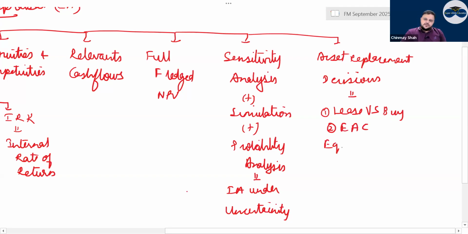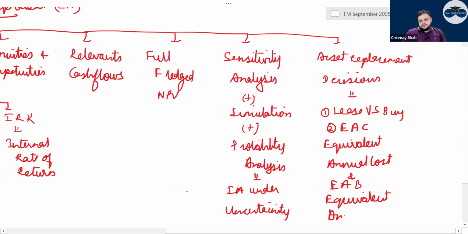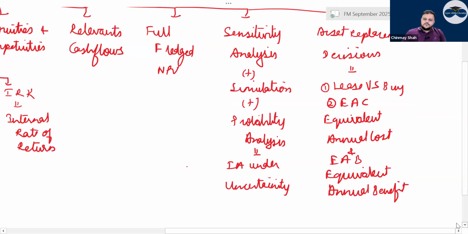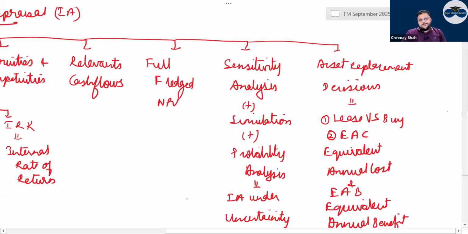EAC का full form is equivalent annual cost. And EAB, equivalent annual benefit. ठीक है?